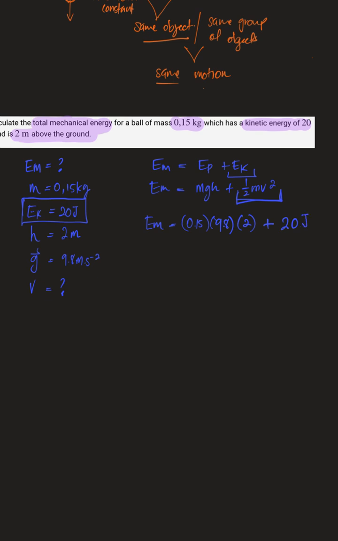So we're going to put that in. They gave us the EK. So I'm going to pop this first bit into my calculator, and I'm going to get 2.94 plus 20.